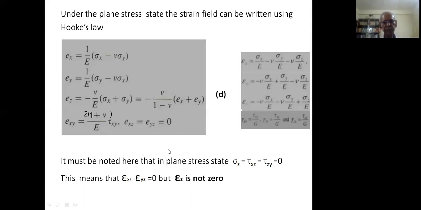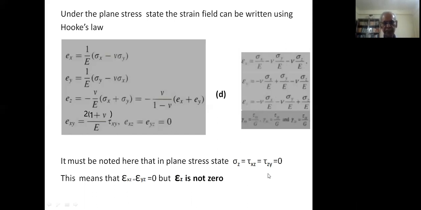So if we apply the plane stress in Hooke's law, it becomes a simple set of 4 equations which eliminates sigma z, tau xz and tau yz. Now here, the one thing you have to remember is that our condition for plane stress is sigma z, tau xz, tau yz equal to 0.